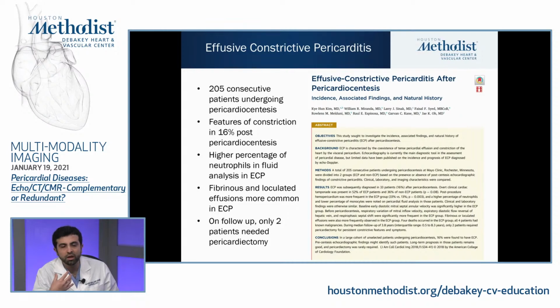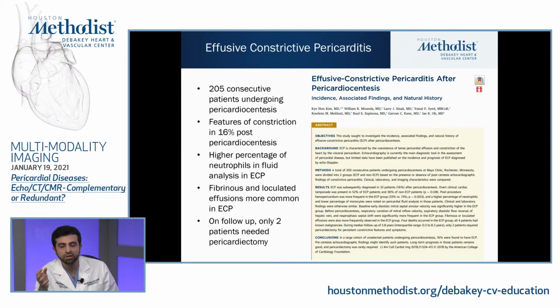The patient that I showed you was treated with steroids and he improved. The most recent series from Mayo also had 205 patients. These were patients who underwent pericardiocentesis, so this is the selection criteria for this study. There were features of constriction in about 16% of those.